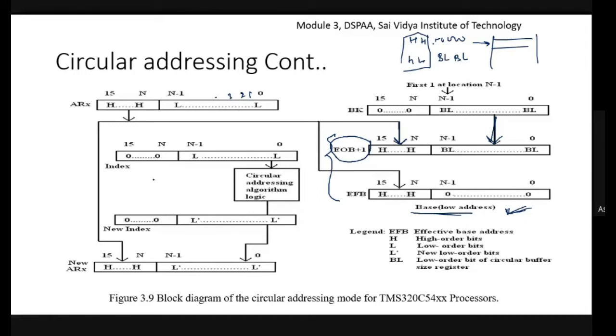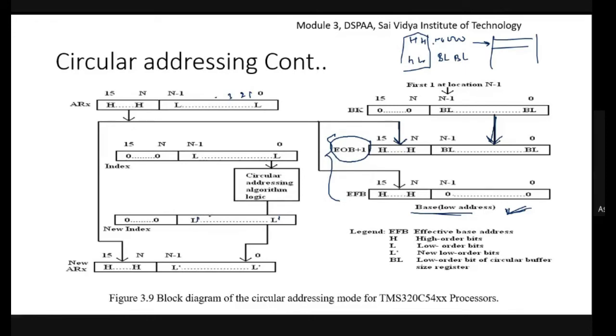Just observe here, after performing the circular addressing algorithm, the new or updated index: whatever the L value was earlier will now be replaced with the L dash value. This is the updated index.